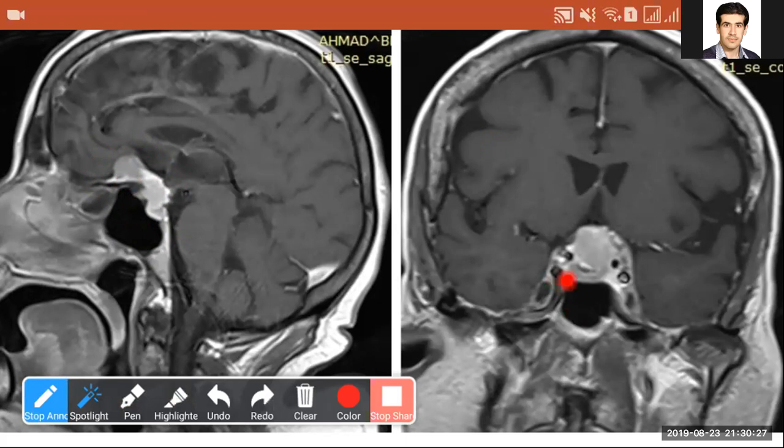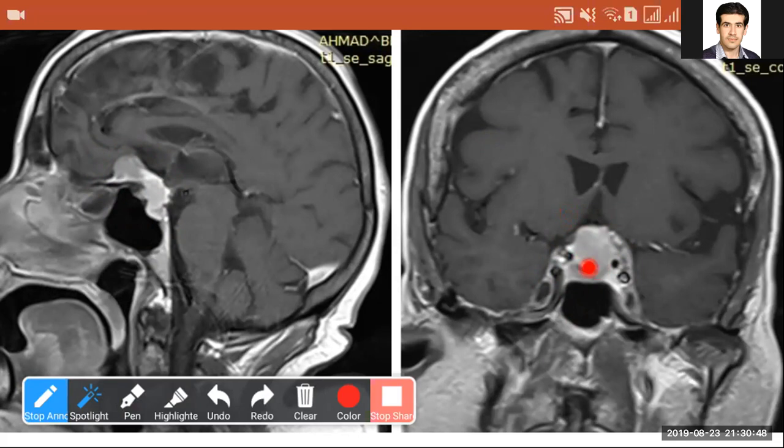Here we see also the pituitary gland. This thin line here is the pituitary gland. This is the meningioma, and there is something important to note: the meningioma differs from pituitary tumors in that it constricts the vessels.